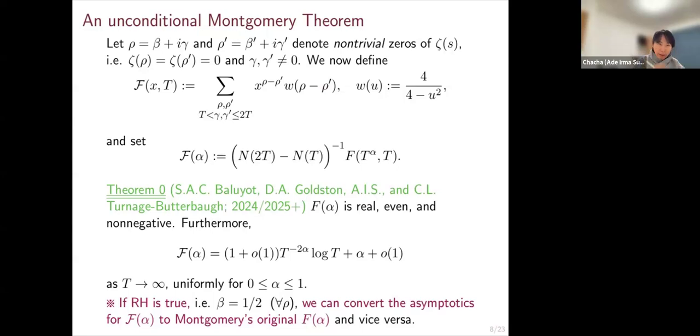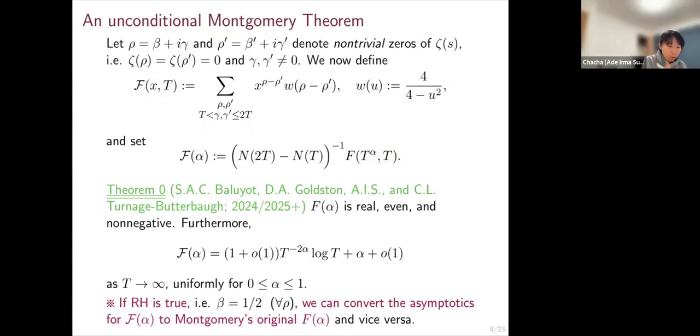Now, this F alpha, Montgomery's F alpha, is actually defined by taking x to be t to the alpha here, and t remains the same because this t just denotes the height. So zeros in some certain region.